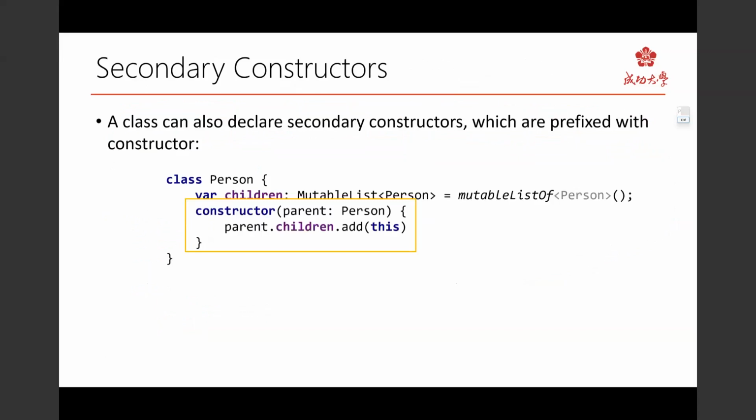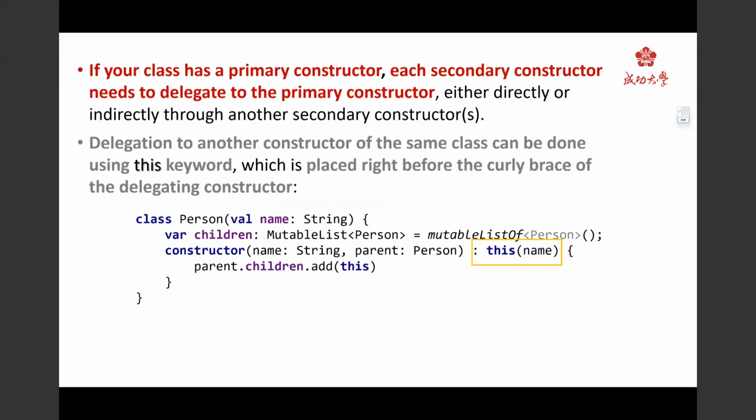As mentioned earlier, a class can have one or more secondary constructors, and secondary constructors must be placed inside the curly braces of a class. Secondary constructors are prefixed with the constructor keyword, followed by the list of parameters. One thing to note is that if your class has a primary constructor, then each secondary constructor needs to delegate to the primary constructor.